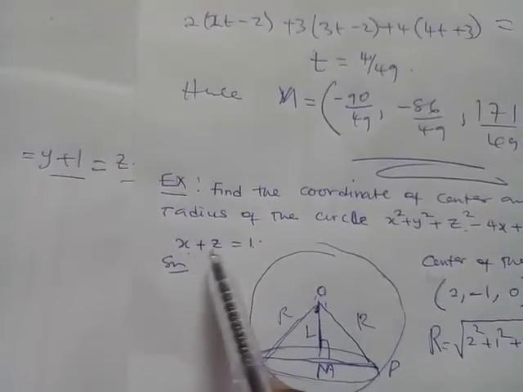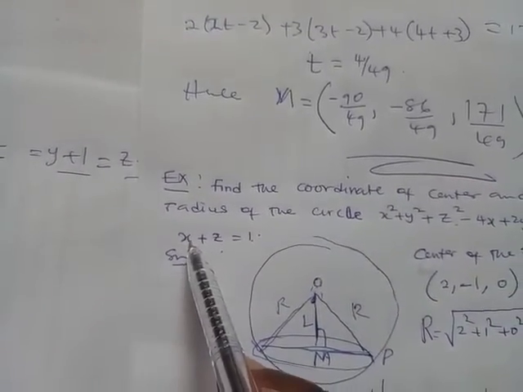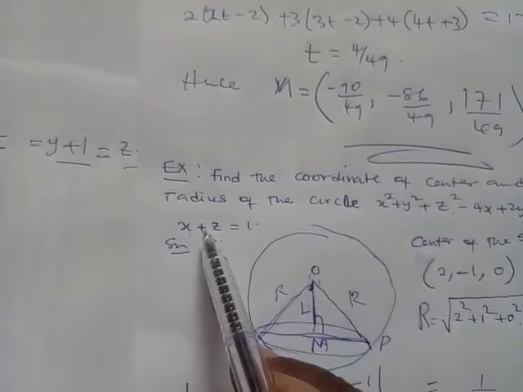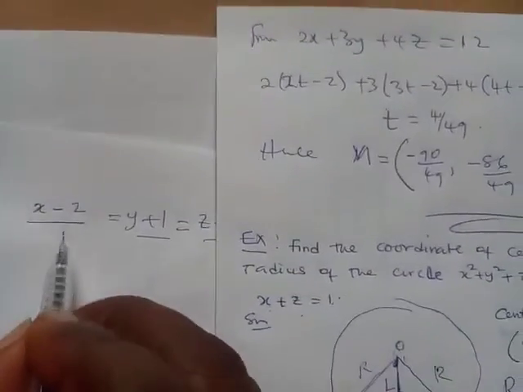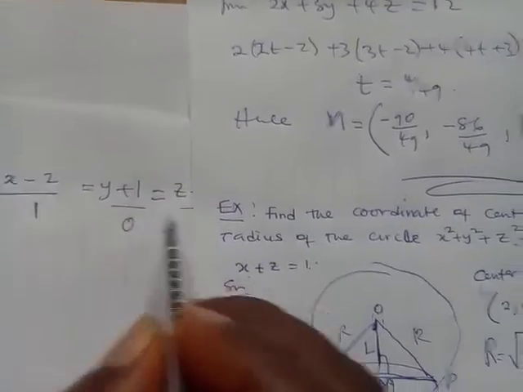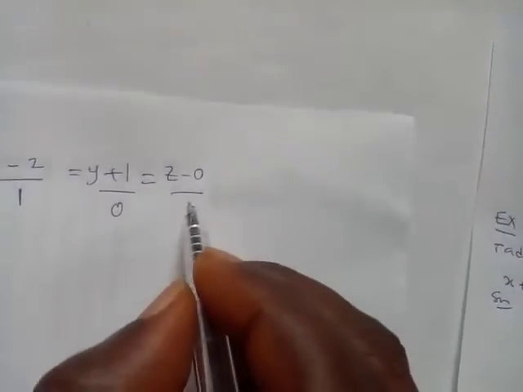So the direction vector of this line is just, you can see y is not there. So the x part is 1, this place is 0, and the z part is 1.